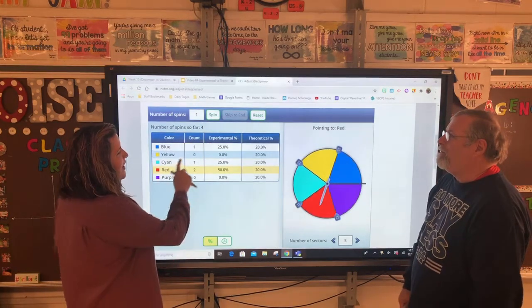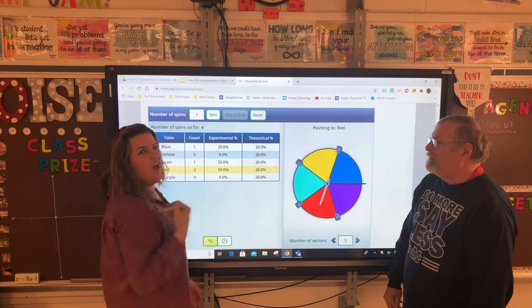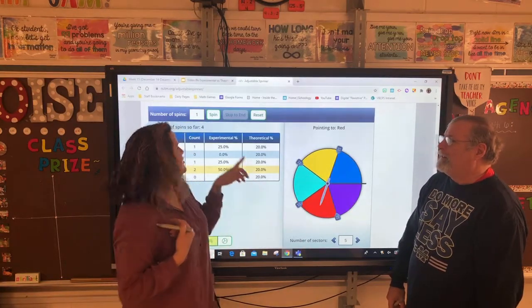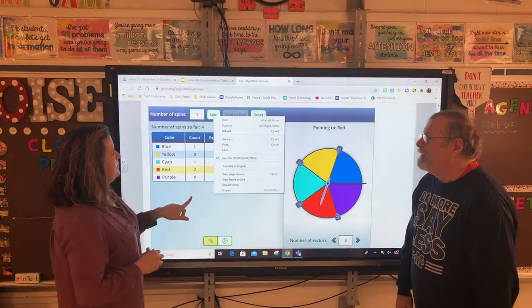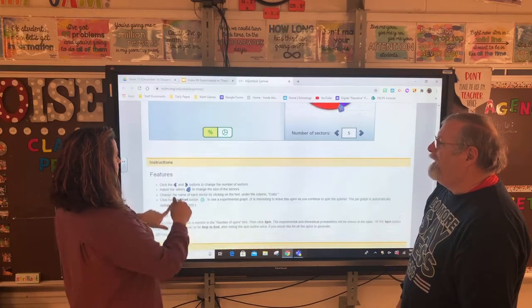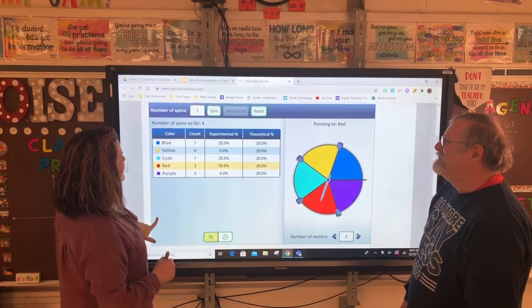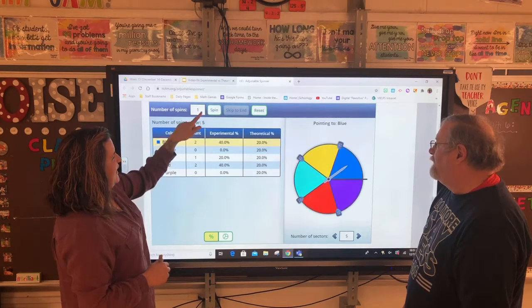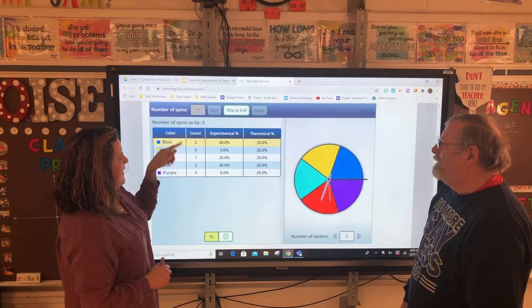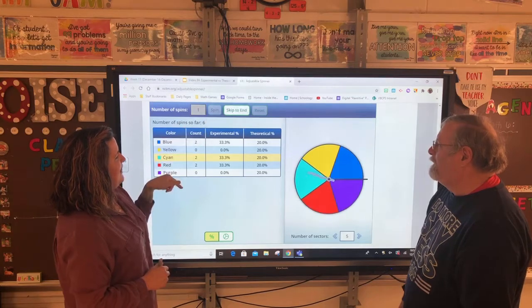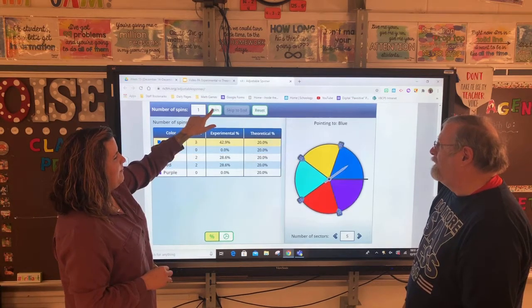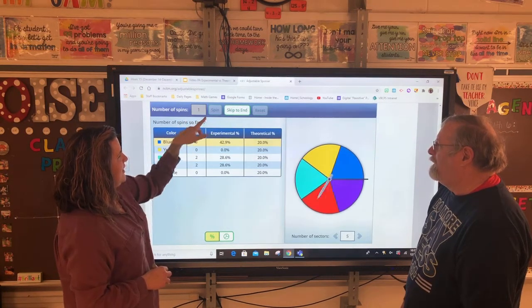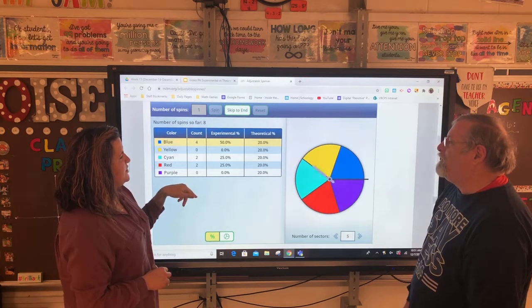Right now it says yellow 0%, but we know that yellow really has a 1 out of 5 chance. So we're just going to keep spinning, and the more we spin, the closer some of these numbers are going to get.